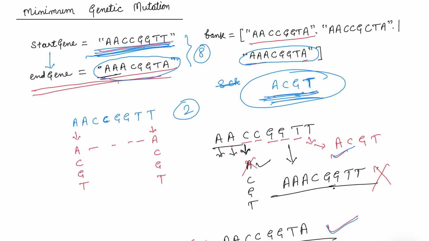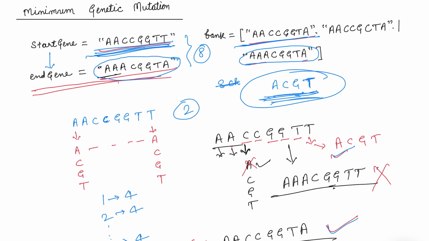For 8 characters we have to check. For the first character we can check 4 times, for the second character 4 times, like this till the 8th character, 4 times. So each mutation we will check inside the bank. If it is available, then fine, we will proceed further. No two mutations can be the same here, no?